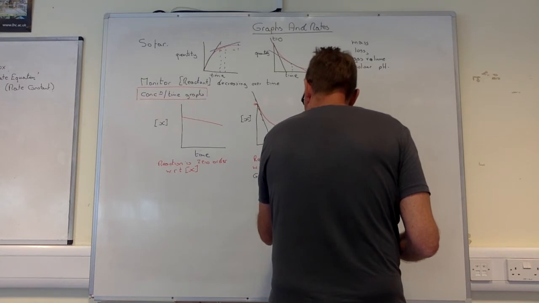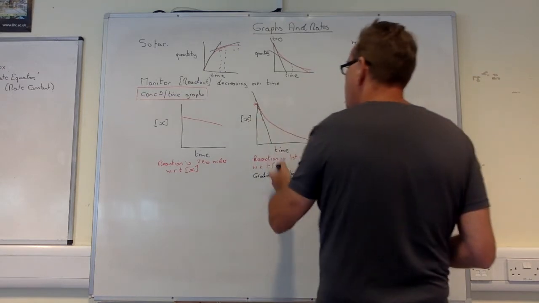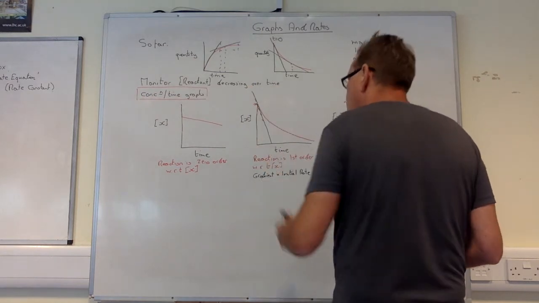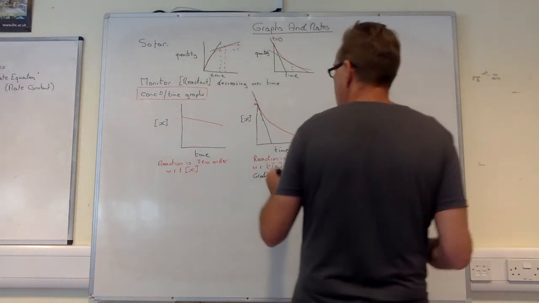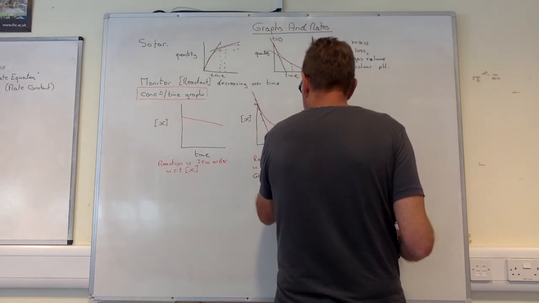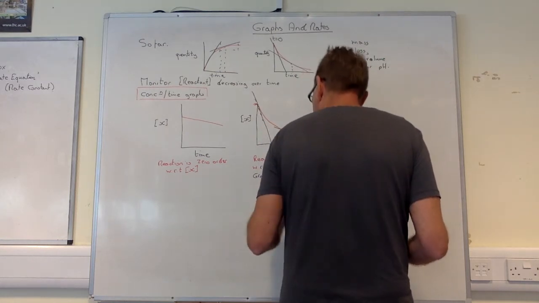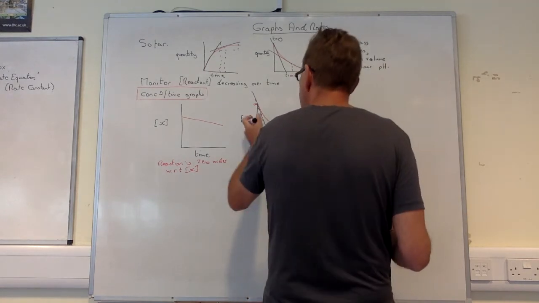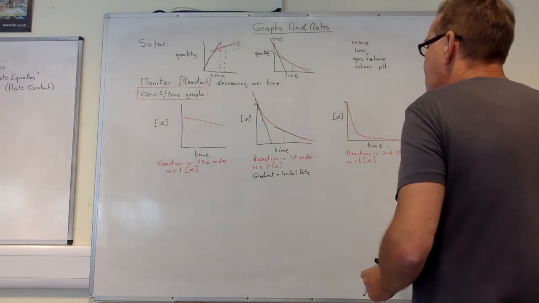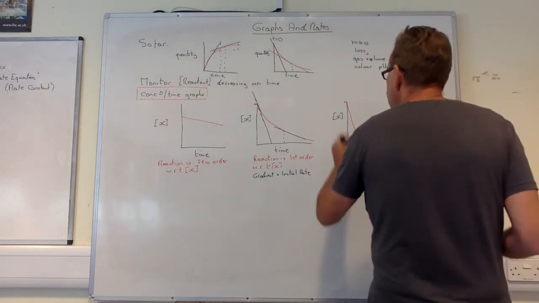So you can get the rate. If you've got a graph of that information, you can draw a tangent, work out the gradient, and you've got the initial rate. You can also, but this isn't asked very much, do exactly the same there. Tangent, you can calculate the rate at any point in time along that curve. No problem. Okay?